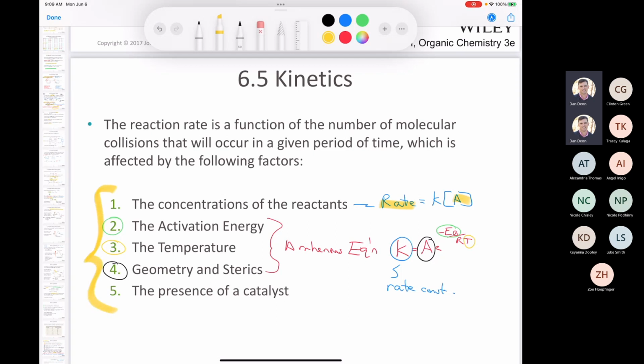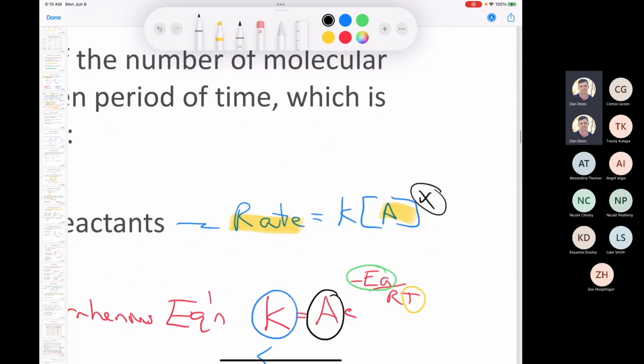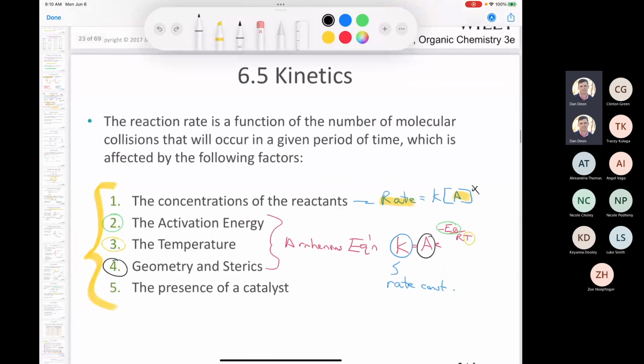We're going to start out by looking at the concentration of reactants and how that affects the rate of reaction. And we're also going to talk about order of reaction. If you remember the whole exponent thing here, if x was 1, that would be a first order reaction. If x was 2, that would be a second order reaction, and so on and so forth. So we're going to come back in a few minutes and we'll discuss that.